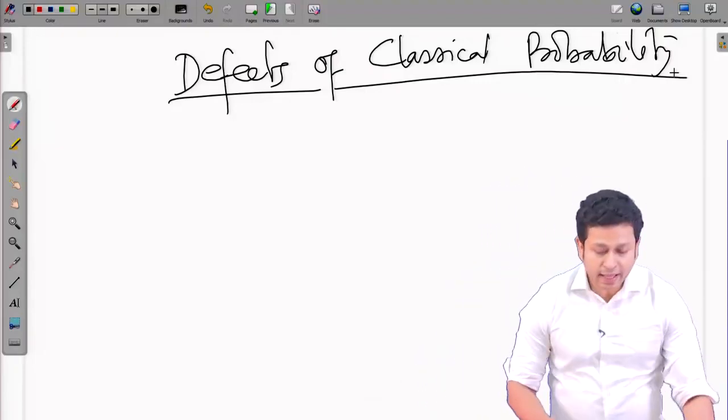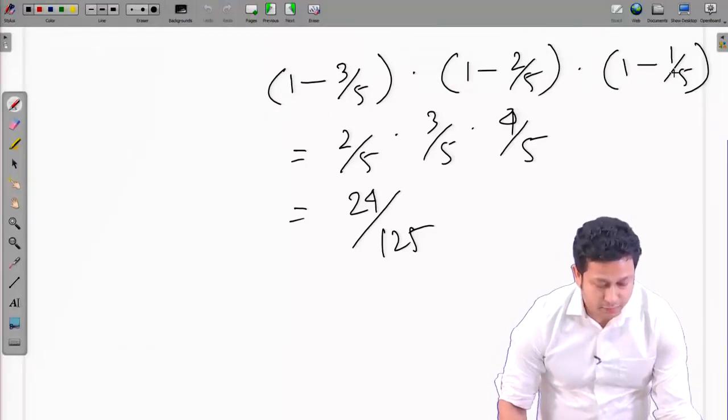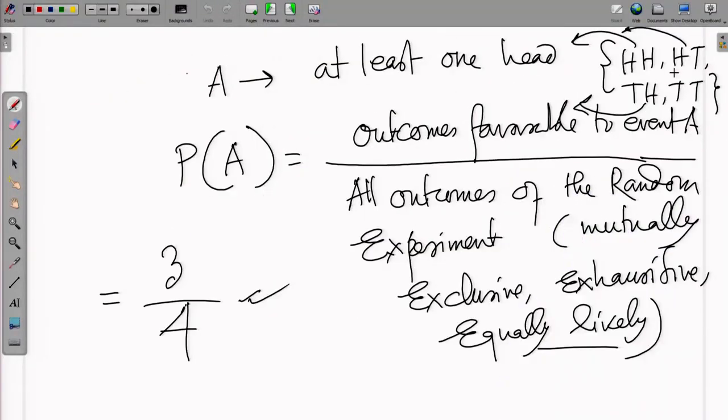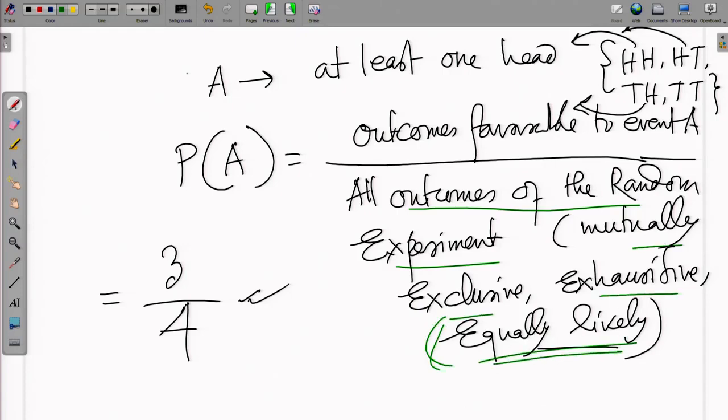Now, secondly, I want you to see this definition. Here, what I said is that all outcomes of the random experiment have to be mutually exclusive, exhaustive, and equally likely. Now, there is a problem with this term equally likely. When I say equally likely, that means equiprobable, right?